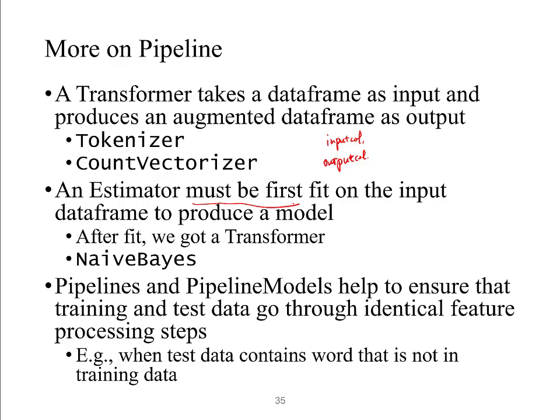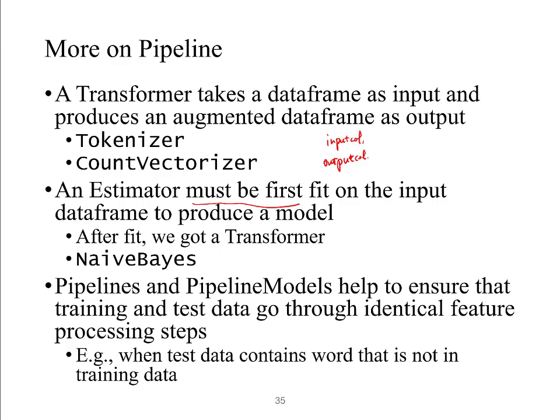You have to do this even when there is no estimator in the pipeline, and we will see why in the third bullet point. Pipelines and pipeline models help to ensure that training and test data go through identical feature processing steps.